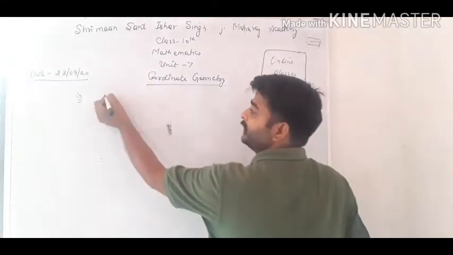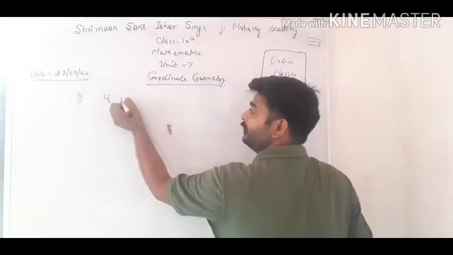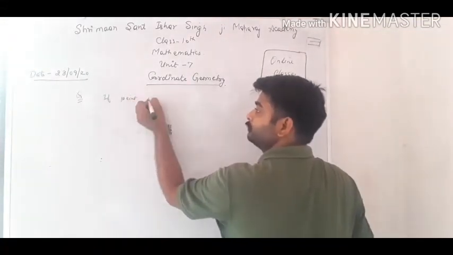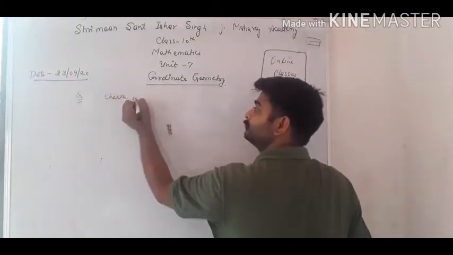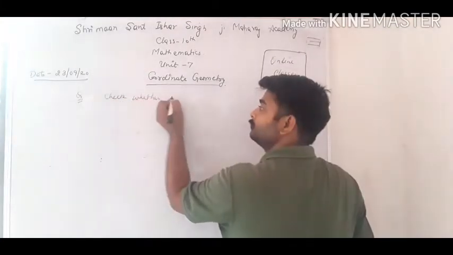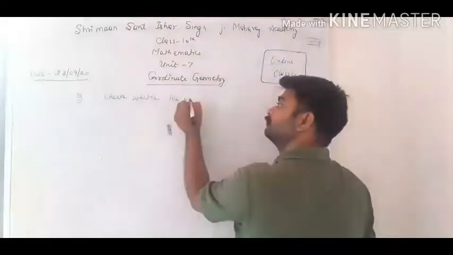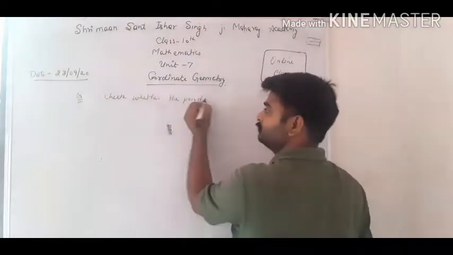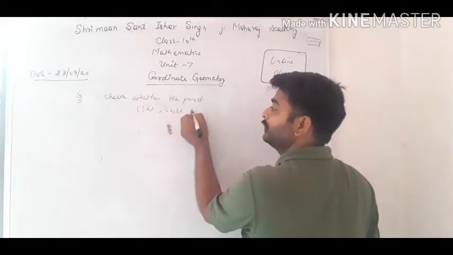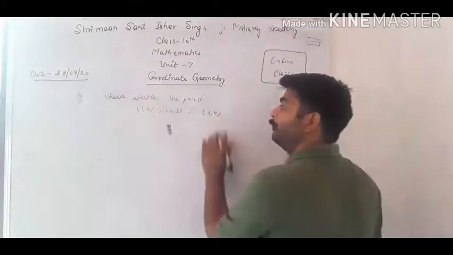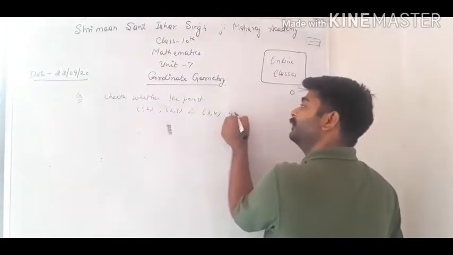Now second is if the points, check whether the points, any of the point you can take, that is 1, 2, 2, 3 and 3, 4 are collinear.